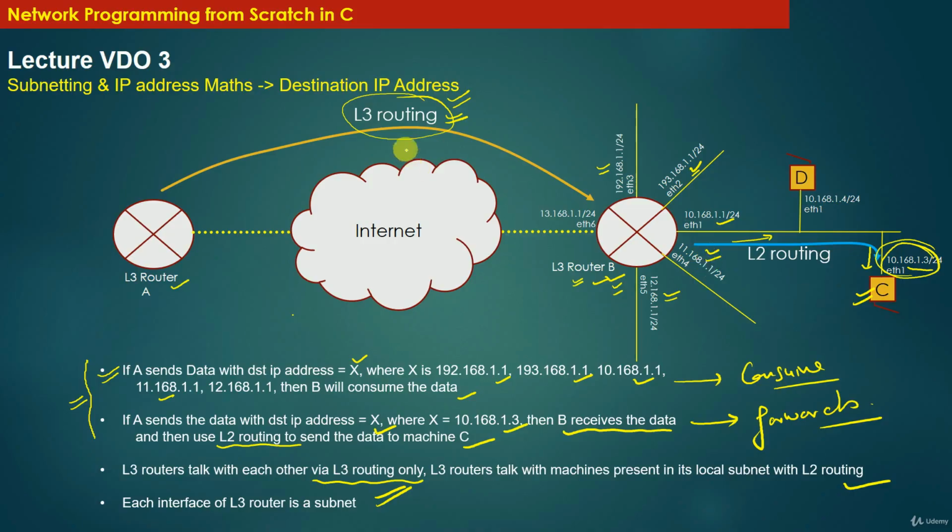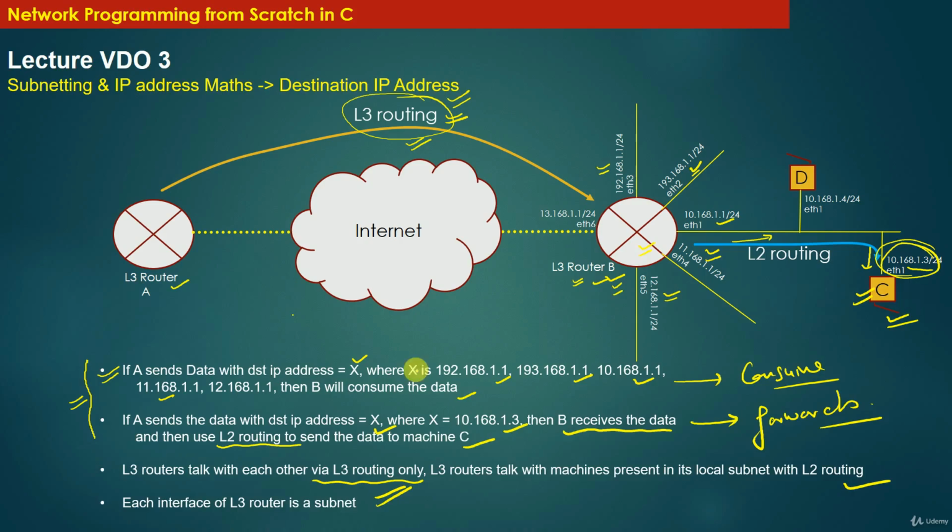The first phase is L3 routing. Using L3 routing, the packet eventually reaches the destination gateway router. And in the second phase, the destination gateway router uses L2 routing to eventually deliver the packet to the destination machine.